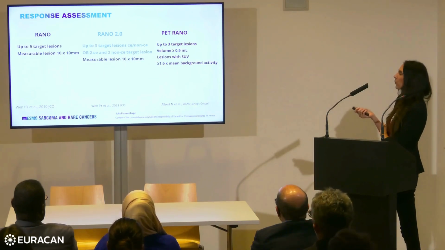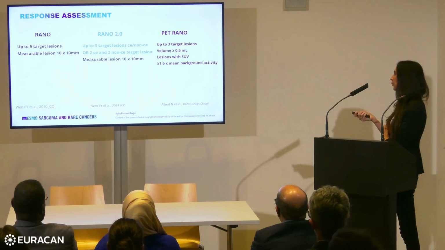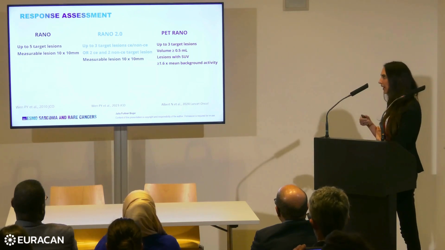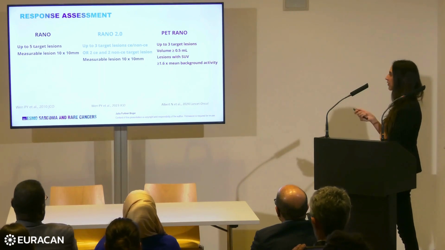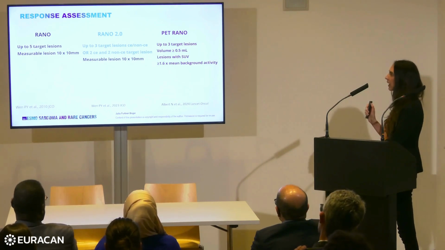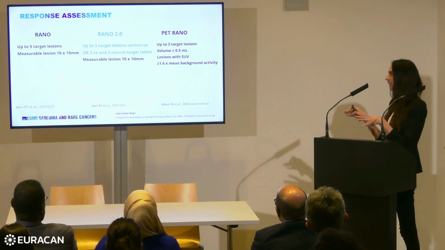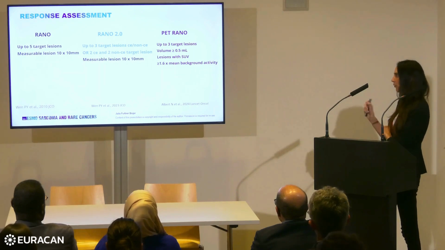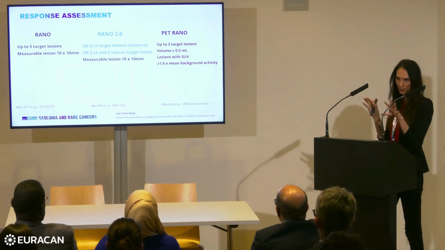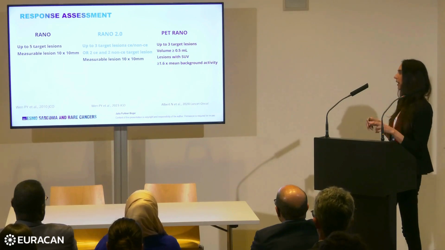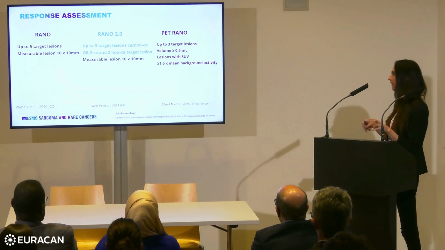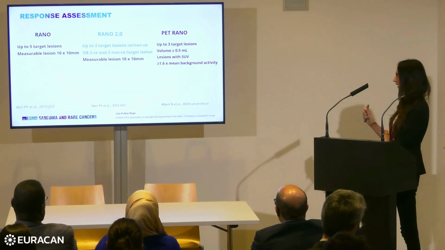We previously were used to define up to 5 target lesions. Now in the RANO 2.0 criteria, if we only have contrast-enhancing or non-contrast-enhancing lesions, we define up to 3 target lesions. If we have a mixture, we are allowed to define 2 contrast-enhancing and 2 non-contrast-enhancing target lesions.